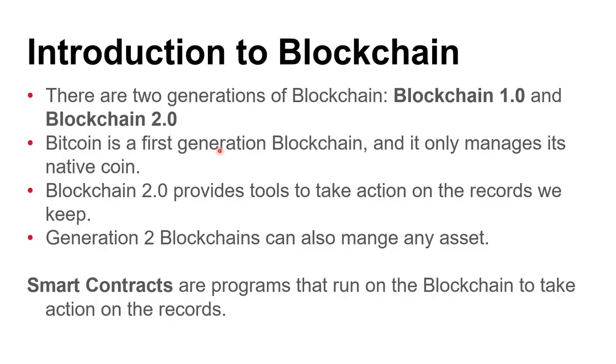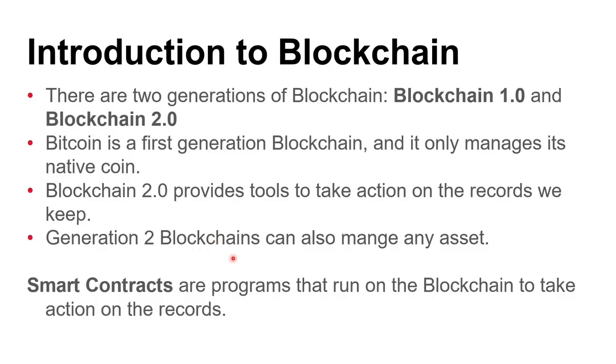So that's a good example of a first generation blockchain. Blockchain 2.0 provides tools that'll take action on the records that we keep. So not only can it generate actions, such as certain conditions for the parties that have to be met before any kind of transaction can be completed, you can also transact any kind of asset, not just the blockchain's native token.